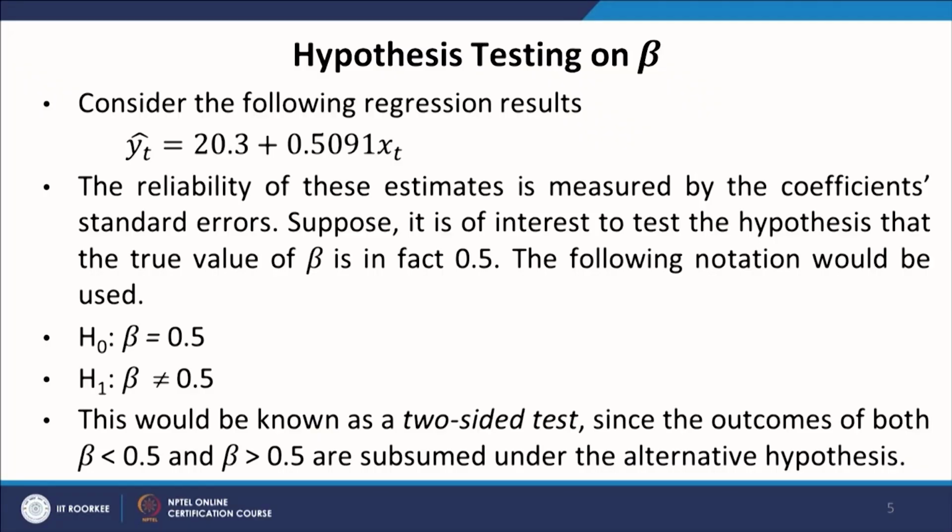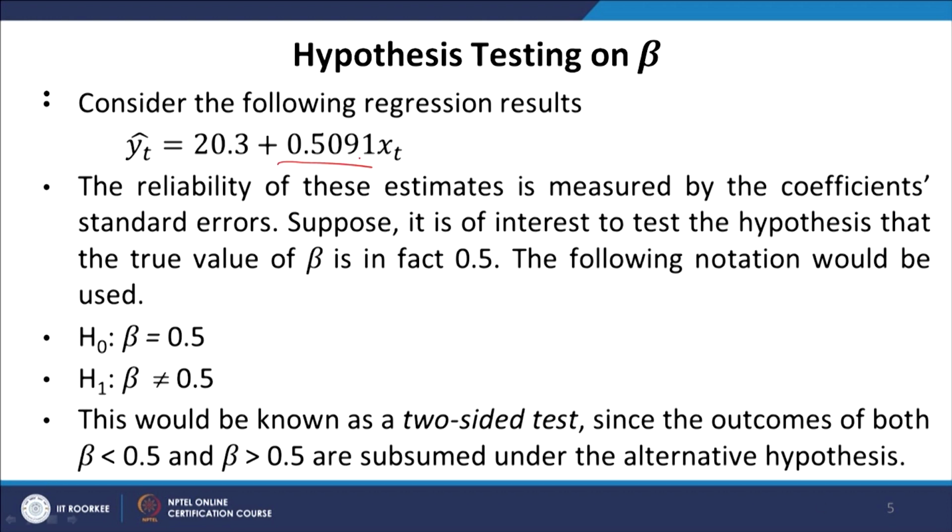Consider the following regression results: y t hat equals 20 plus 0.5091 x t. So far this is the estimated part of the observations on y that we have discussed. Now, we did not talk about how good this estimated value of 0.5091 is.